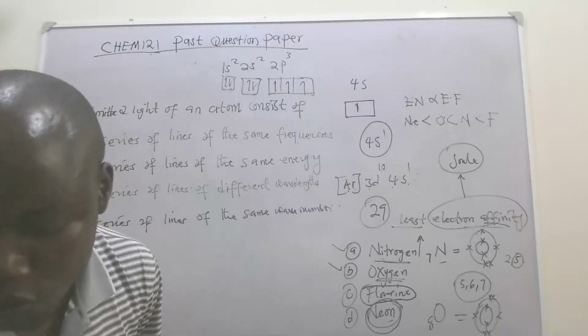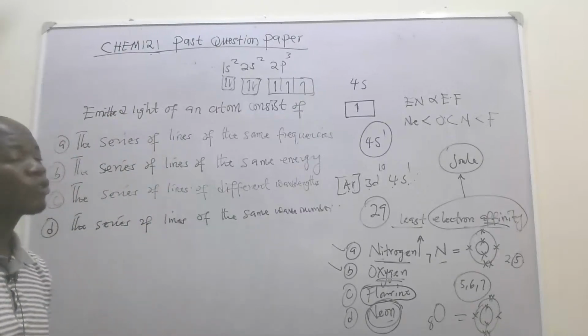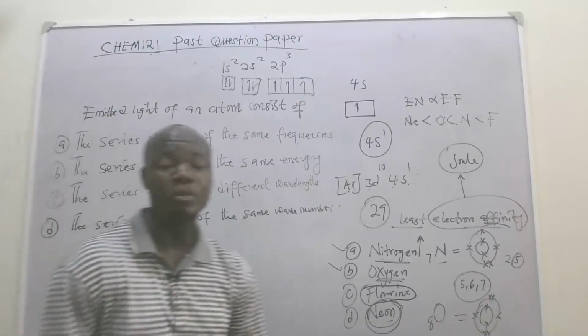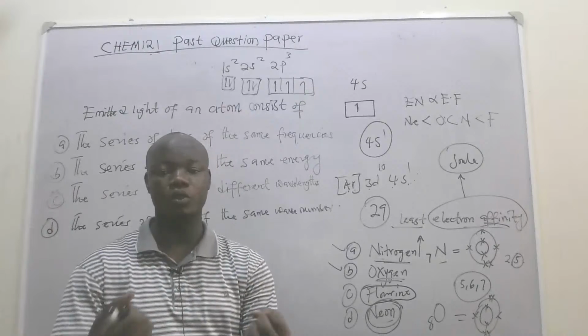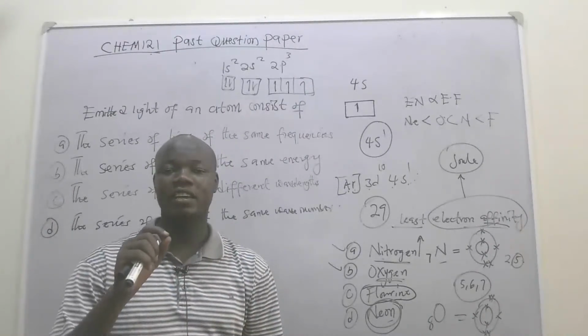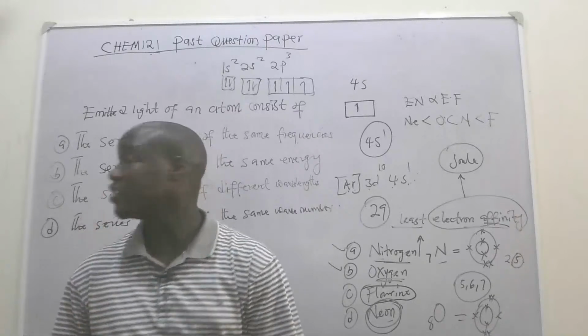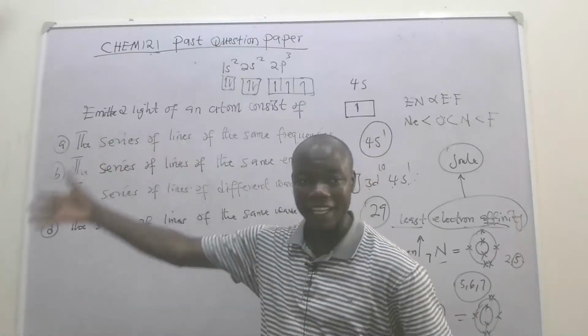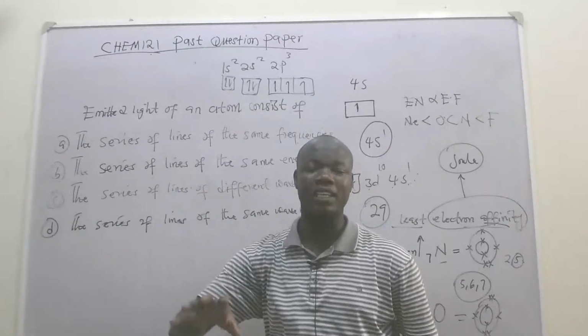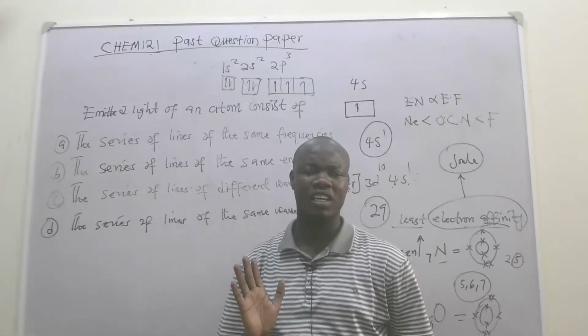Excellent, Mr. Justus. The answer is: when an atom emits light or absorbs light, it releases a series of lines, and those lines have different frequencies.